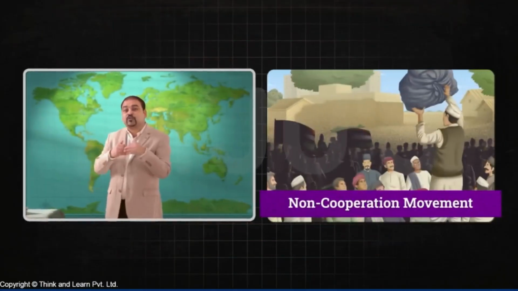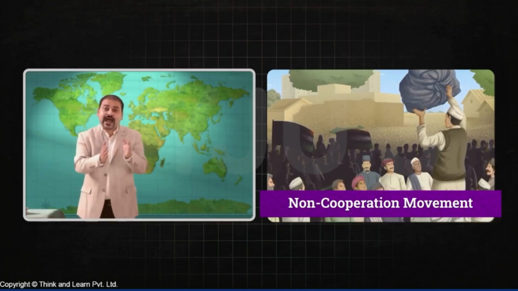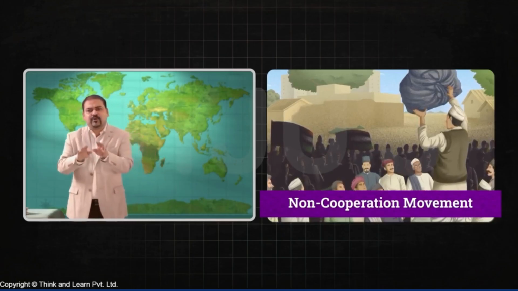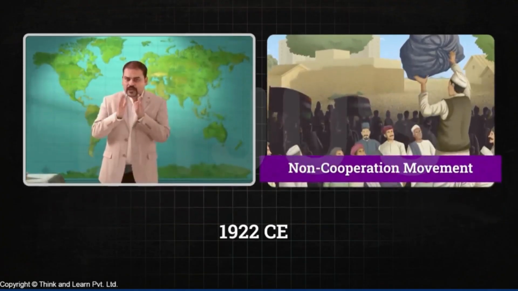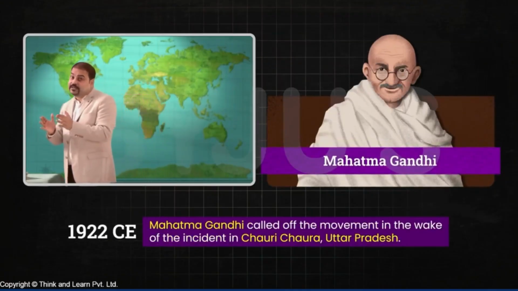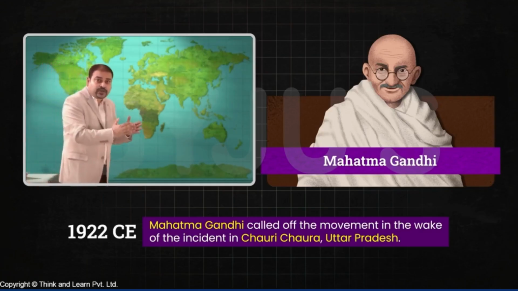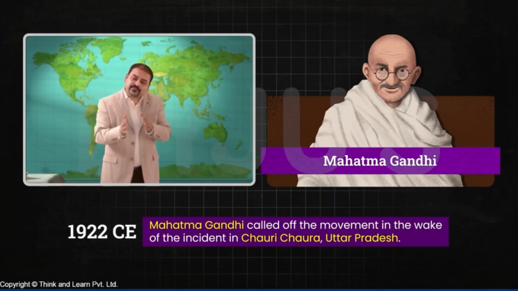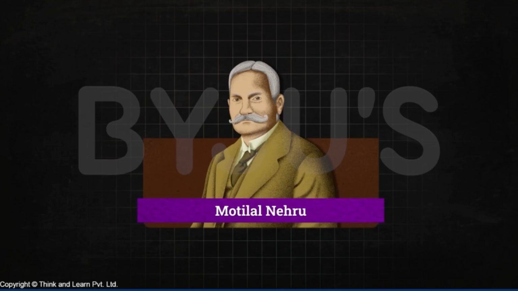While the movement received good participation from peasants, students, and women, the participation among the middle class reduced over time. Unfortunately, Mahatma Gandhi was forced to call off the movement in 1922 in the wake of the incident in Chauri Chaura, present-day Uttar Pradesh, and the British arrested him. After his imprisonment, the national movement became passive.